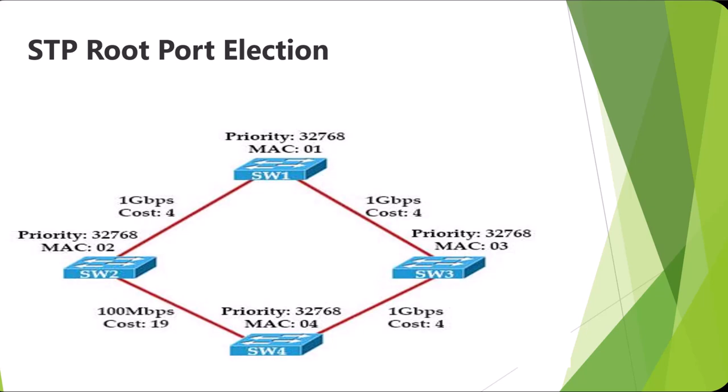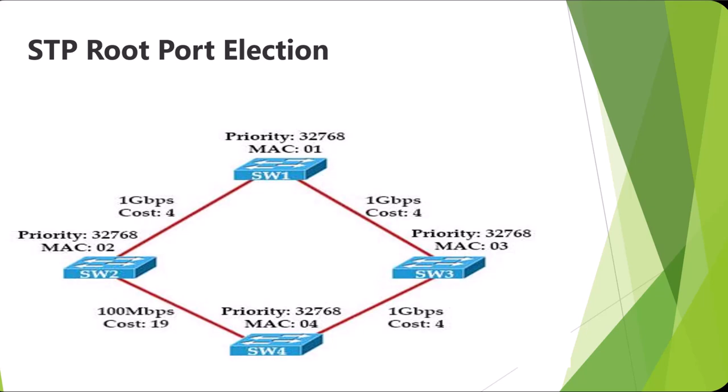For the process of electing the root port, there are three conditions: the lowest accumulated cost on interfaces toward the root bridge, the lowest sender bridge ID, or the lowest sender port ID.